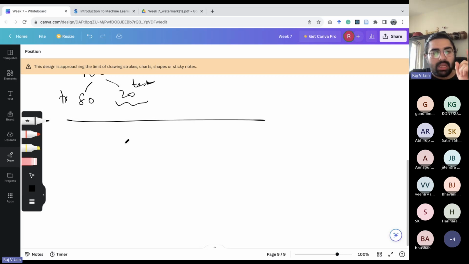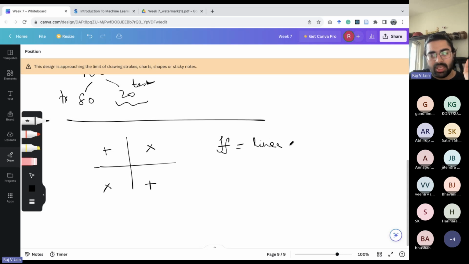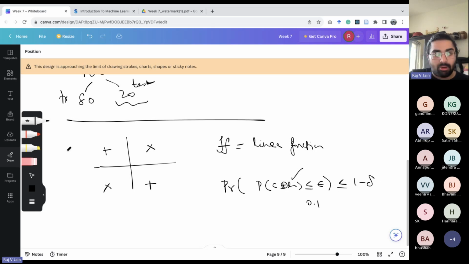So let's say, Avirup, let me give you this example. We discussed the XOR problem, right? And let's say my hypothesis class is linear functions only. Now, if I ask you what is the probability that I will find a linear function which will give me, let's say, 0.1 error only, with probability 1 minus delta, what will your answer be?